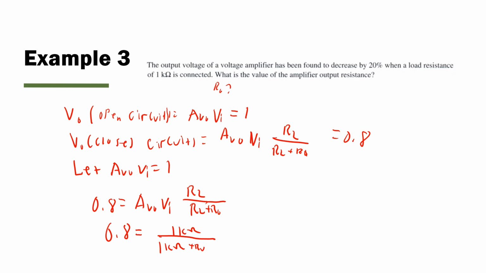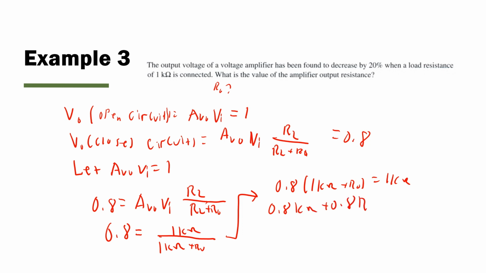So let's multiply both sides of the equation by the denominator. So we get 0.8 times (1 kilo ohm plus RO) is equal to 1 kilo ohm, and we can distribute this 0.8 to get 0.8 kilo ohms plus 0.8 times RO is equal to 1 kilo ohm. We can subtract the 0.8 kilo ohms to the other side.